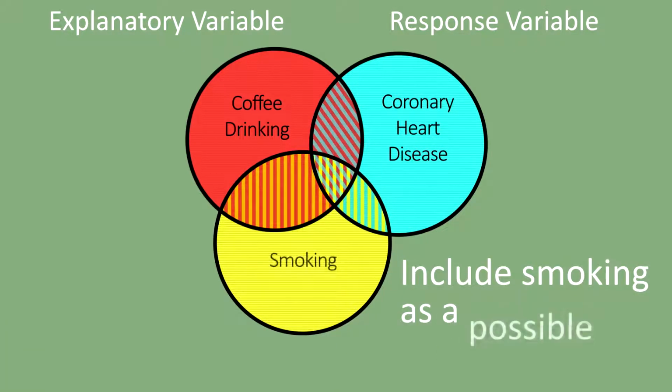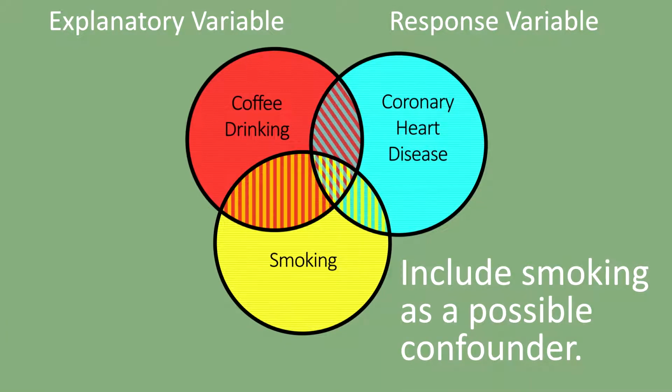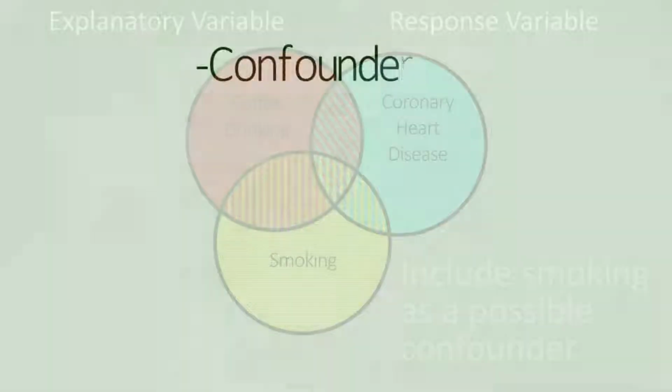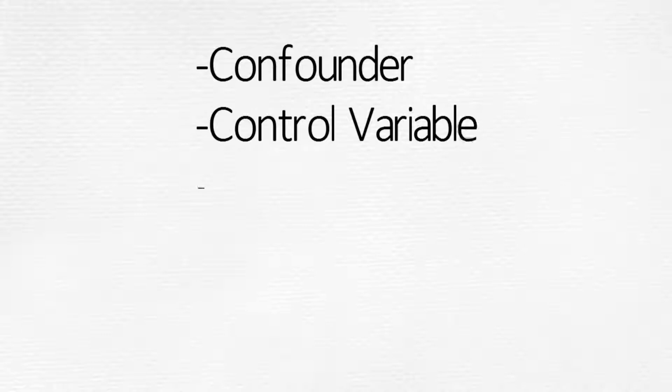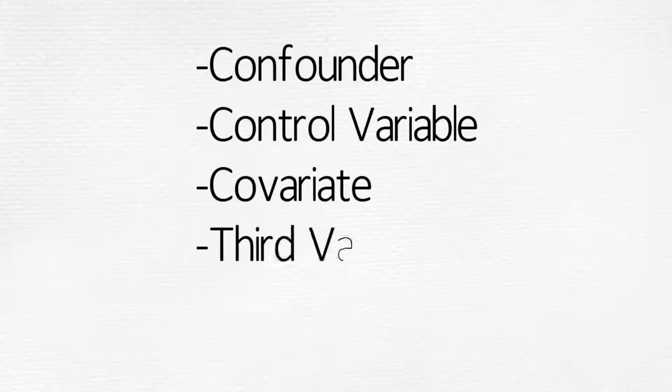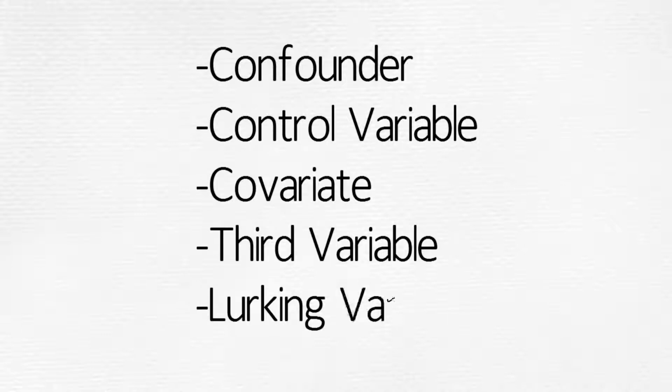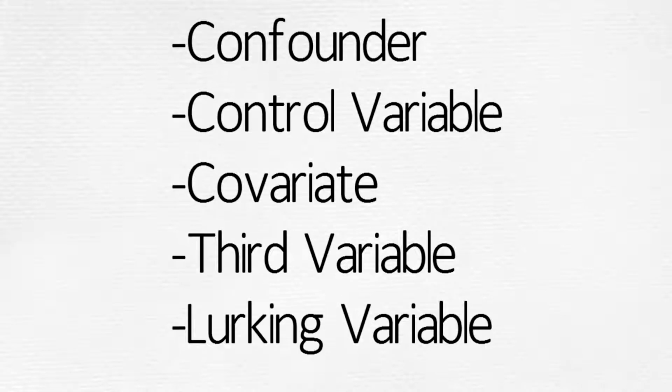So we want to include smoking in our model as a possible confounder in the relationship between coffee drinking and coronary heart disease. Other terms used to describe a potentially confounding variable in my statistical model include control variable, covariate, third variable, or lurking variable.